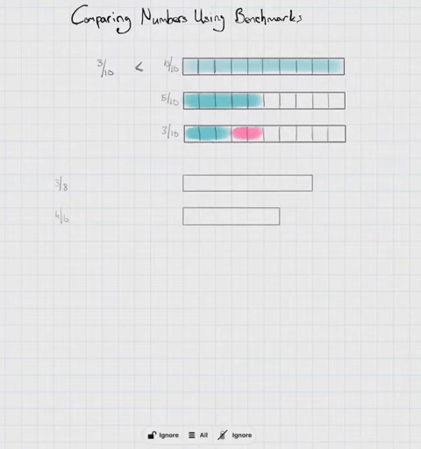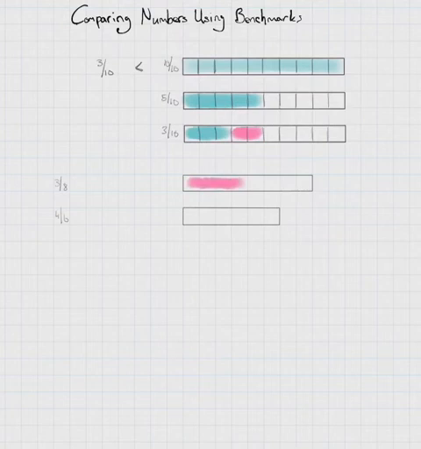Here I have 3/8 and I have 4/6. We're going to deal with 3/8 first. Now, I want to know, is 3/8 bigger or smaller than my benchmark of a half? Well, if I've got something broken up into 8 pieces, I know that a half would be 4 of those 8 pieces. So let's color that in. 1, 2, 3, 4 pieces out of my whole. 4 out of 8 is a half.